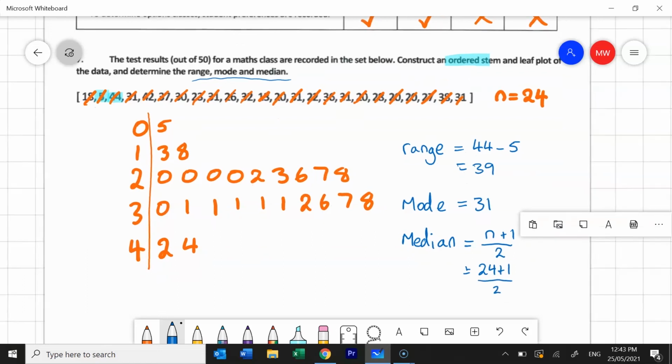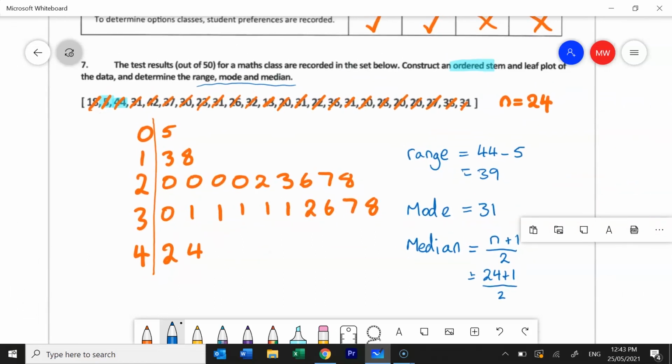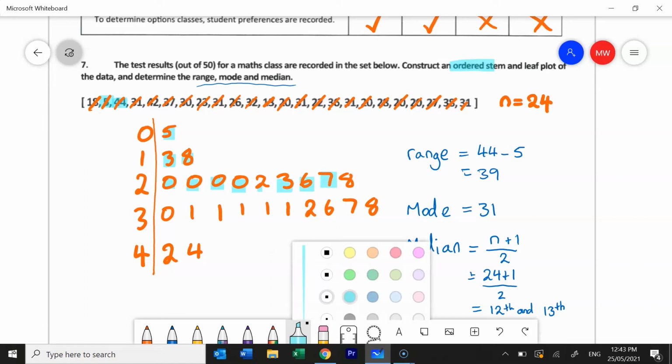And because the answer to that is 12.5, I know that it will be my 12th and 13th score. Now I have to actually go and find what that is. So you go through and you count them. You go 1, 2, 3, 4, 5, 6, 7, 8, 9, 10, 11. So it will be the 12th and 13th score.